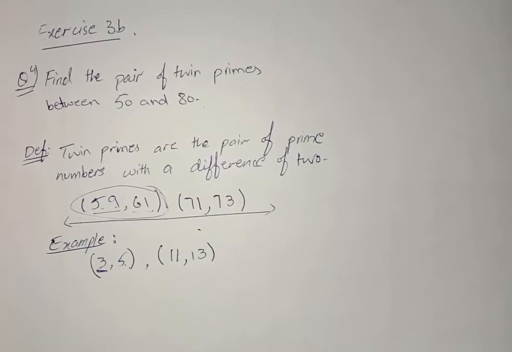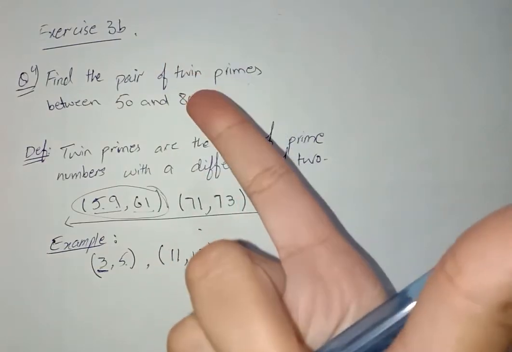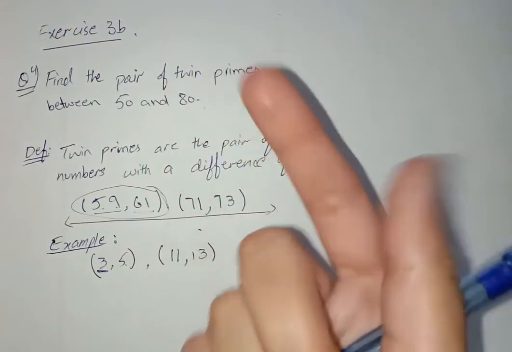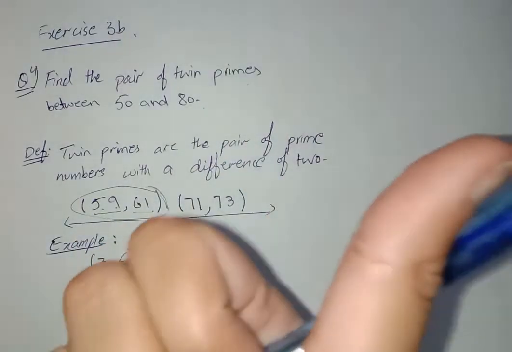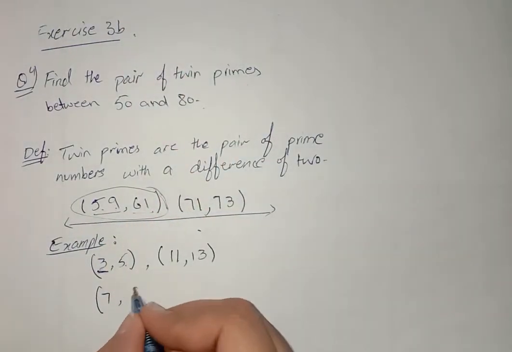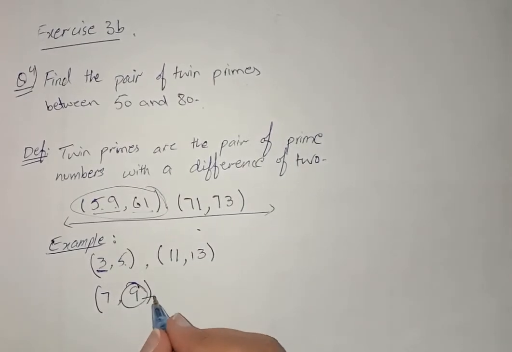Its example is 7. 7 is a prime number. 8 and 9. If we count, 7 is a prime number, 8, and the next jump is 9. 9 is not a prime number because 9 comes in the table of 3, the table of 9, and the table of 1.